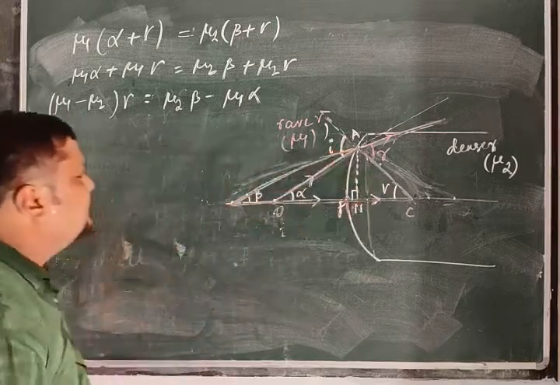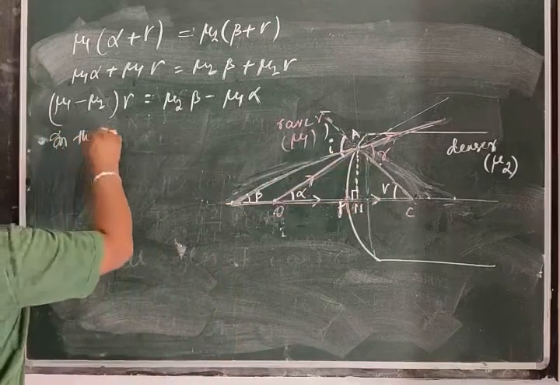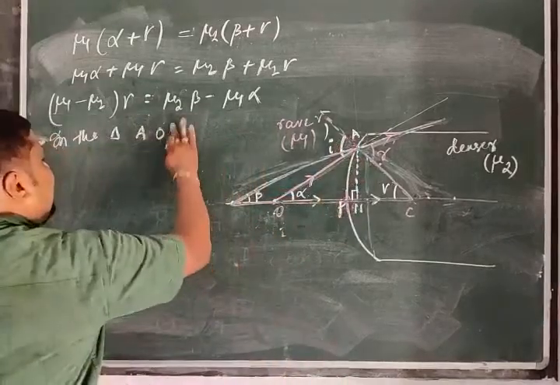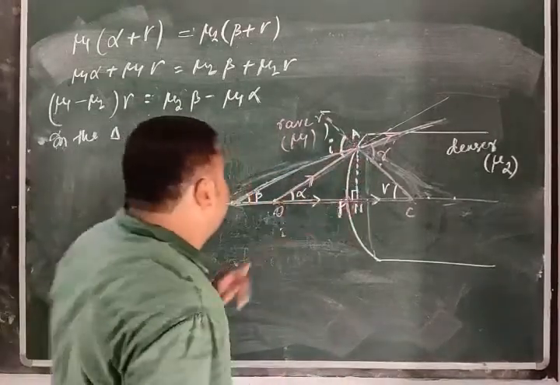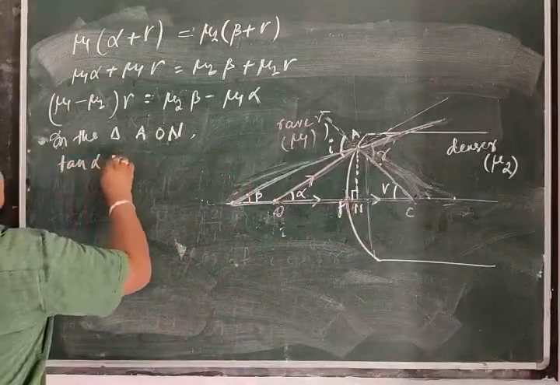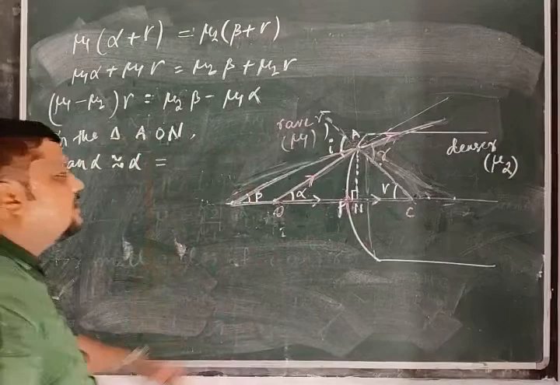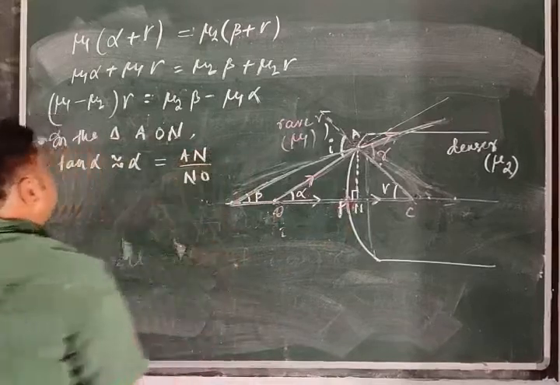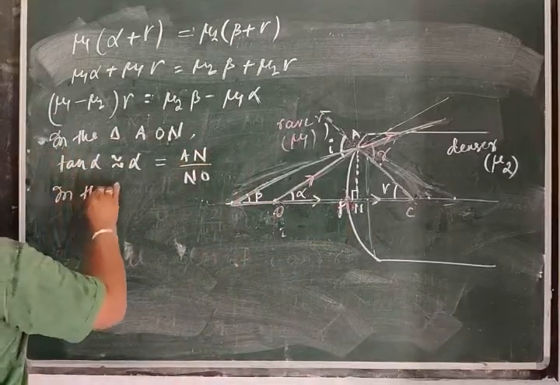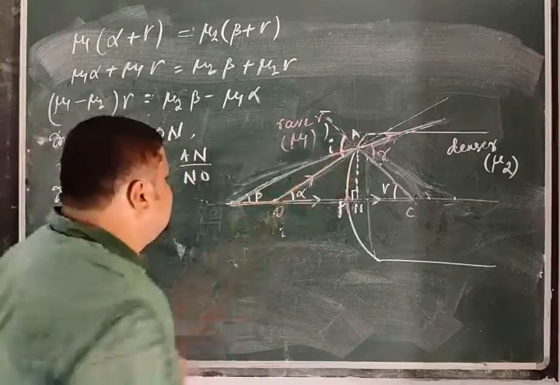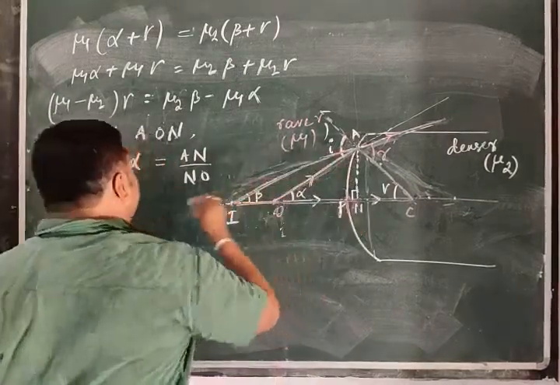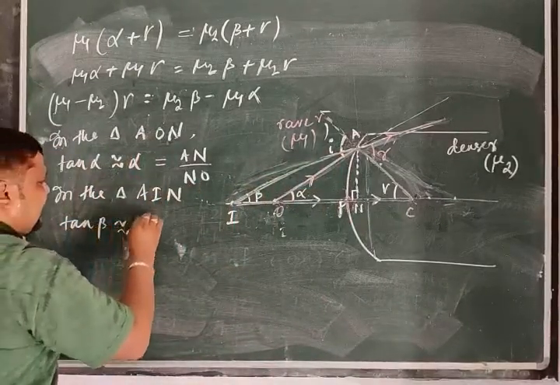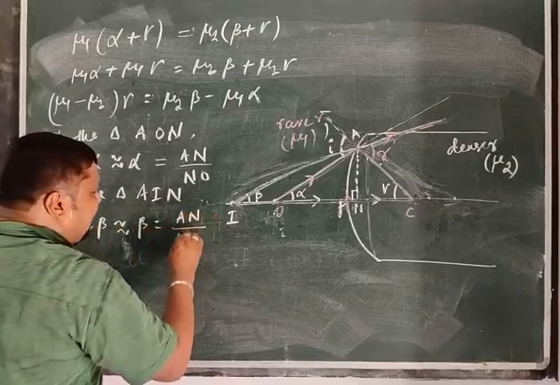Do the same in the triangle. In the right angle triangle AON, tan alpha, which is the small angle alpha, is equal to AN by NO. Tan beta in the triangle AIN, beta is equal to AN by NI.